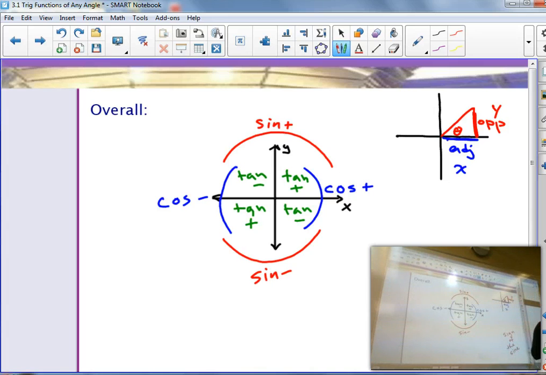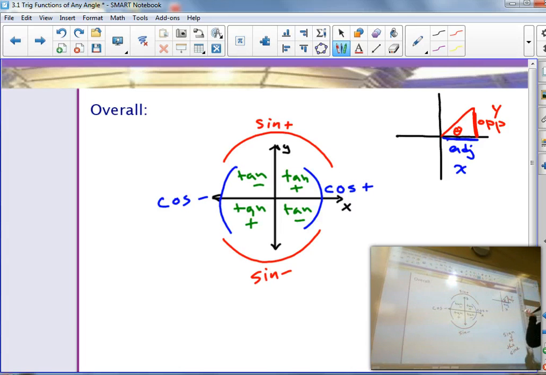Tangent works a little bit differently because it's a quotient of the sine over the cosine, but tangent is positive when sine and cosine are both positive, and it's positive when sine and cosine are both negative, because a negative divided by a negative is positive. And then it's negative when one of them is positive and one of them is negative.